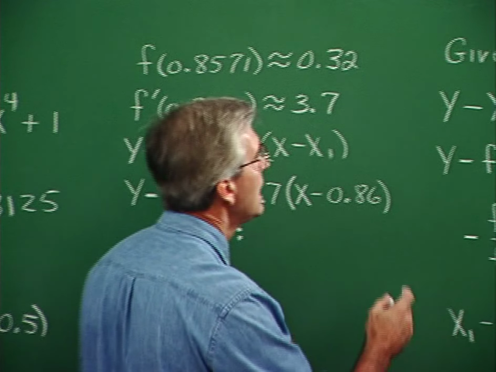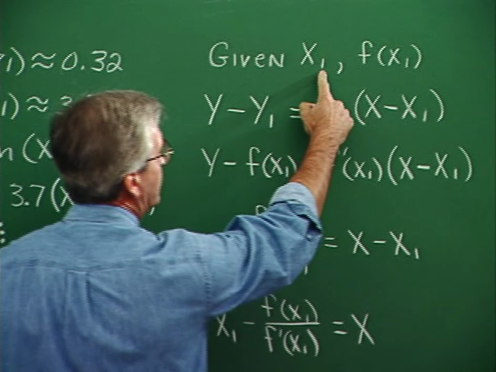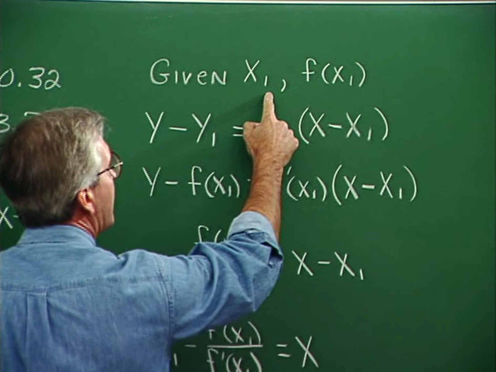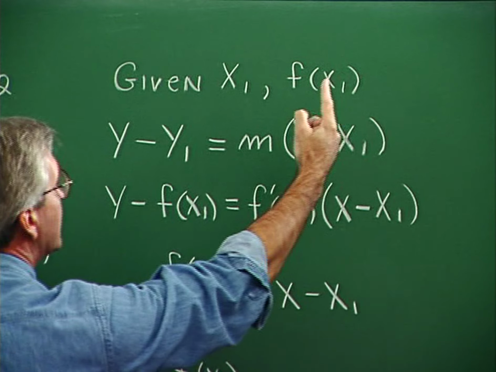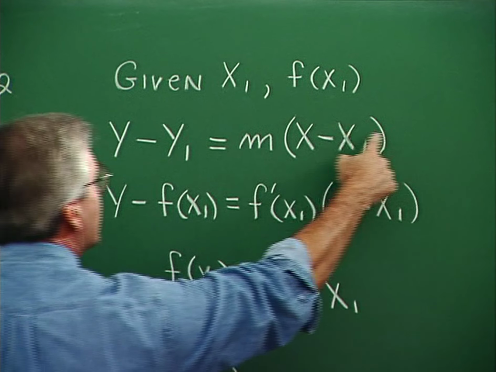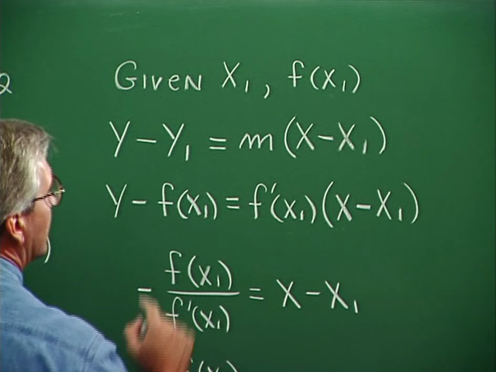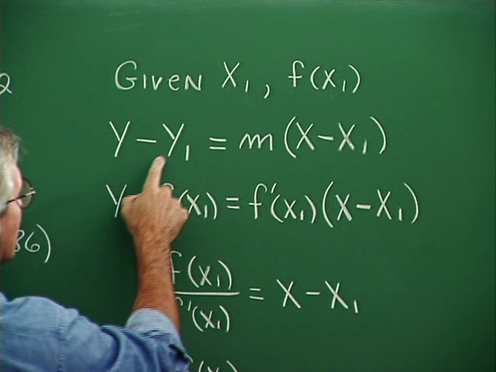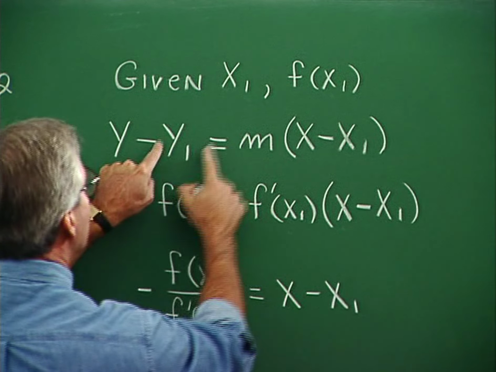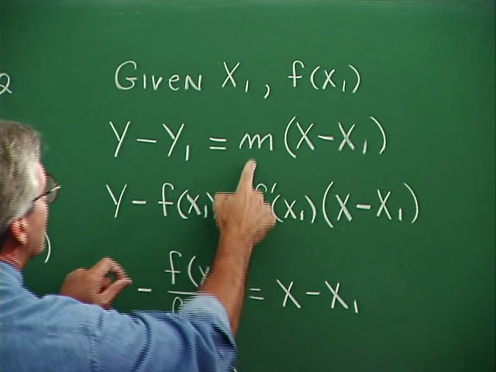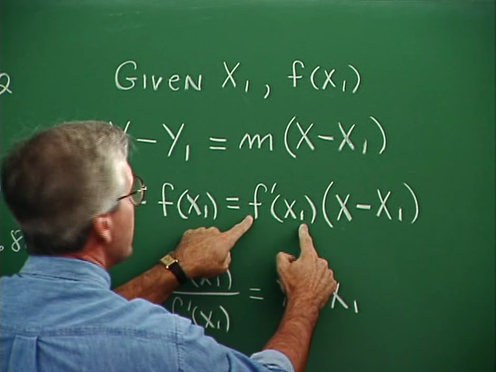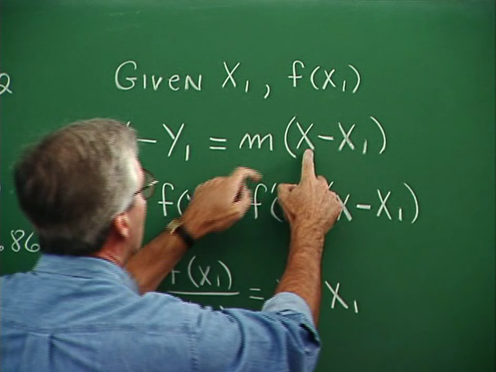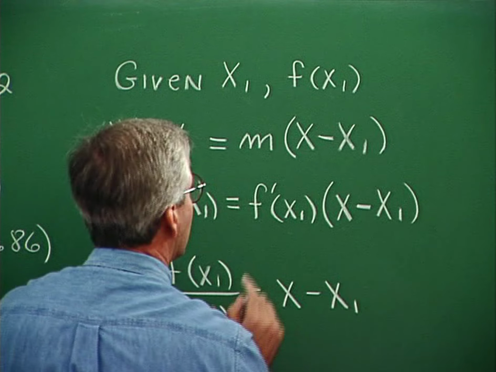What's going on? Well, given an x, and I'll subscript it 1, x1, we can calculate f of x1. That's that y value, you see. Okay, then using the idea of the point slope form, the y1, you see, is this f of x1. The slope is the f prime of that value, or f prime of x1. And then this is just x minus x1.